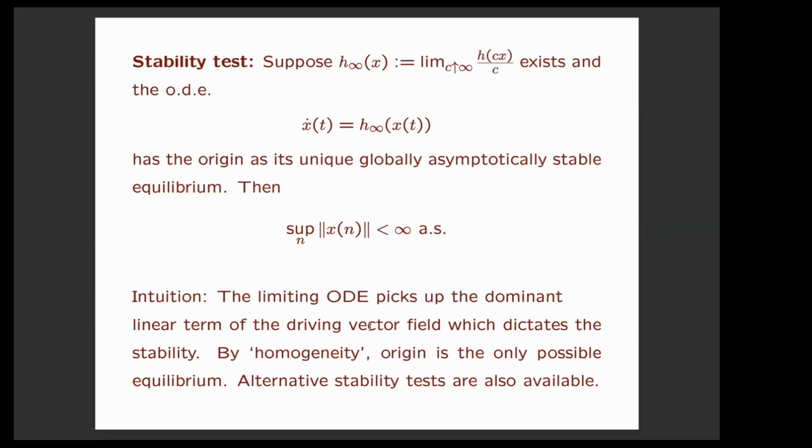If that ODE, which is positively homogeneous, definitely has the origin as an equilibrium, then the claim is that if the origin is the unique globally asymptotically stable equilibrium, then the iteration is stable. Later on, depending on the time, I'll mention the counterpart we have for the other case. The intuition is similar there, but here it's easy to display.